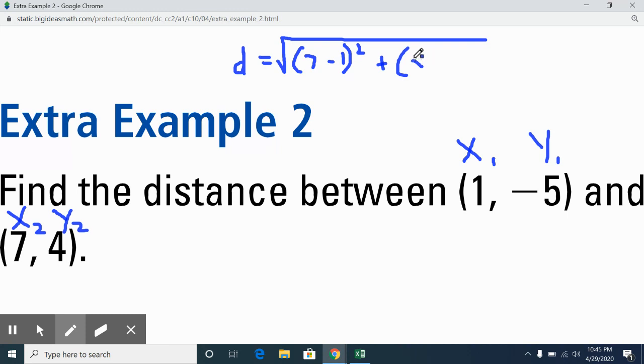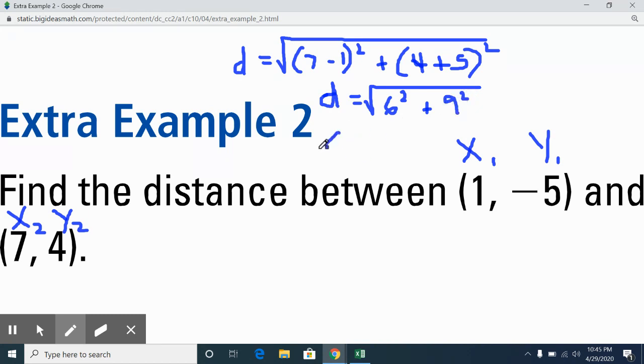Right away I'm going to put 4 plus 5, because again I'm subtracting a negative. That's really addition. So now my distance is equal to the square root of 7 minus 1 gives me 6 squared, plus 4 plus 5 gives me 9 squared.